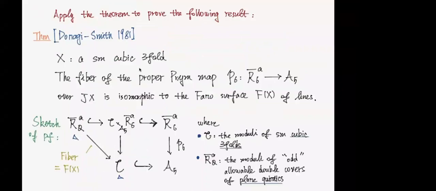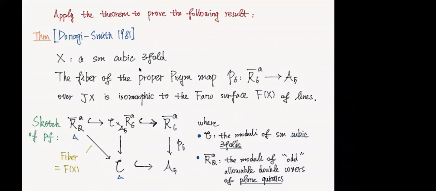But let me illustrate this idea by proving the following theorem by Donaghy and Smith, and explain what we need to modify in our case, the Eckhart case. So this theorem I mentioned before. Let me remind you again. So if I have a smooth cubic threefold, its intermediate Jacobian will be in this A5.